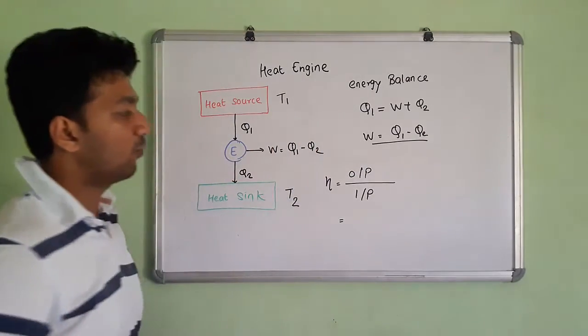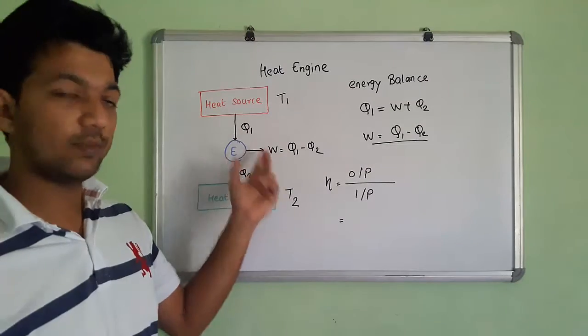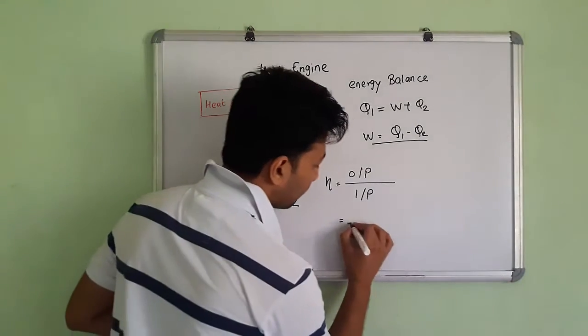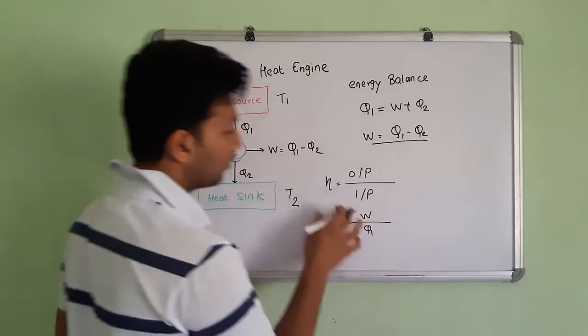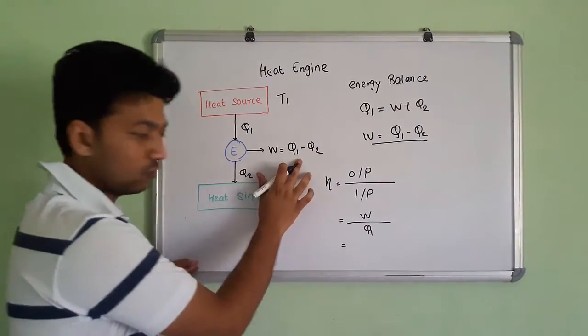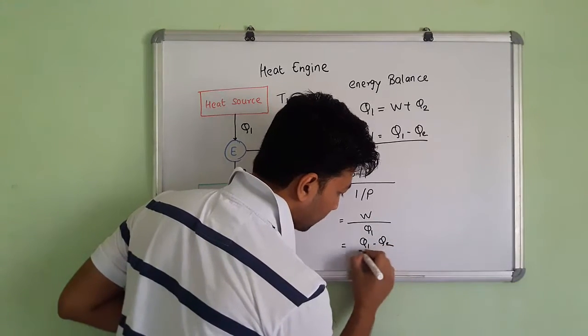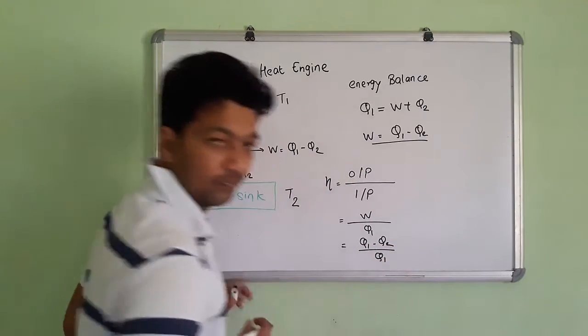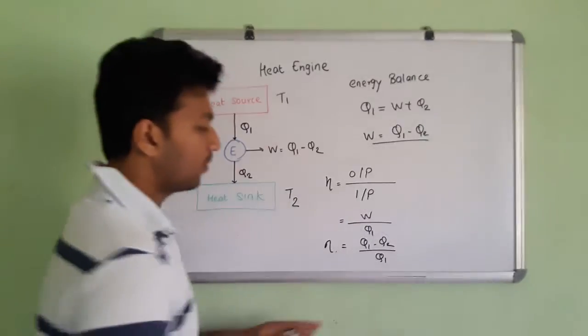The output for this engine is the work and the input will be Q1. Therefore, efficiency will be W upon Q1. But we know that W is Q1 minus Q2, so we put here Q1 minus Q2 upon Q1. This is the efficiency formula in terms of heat.